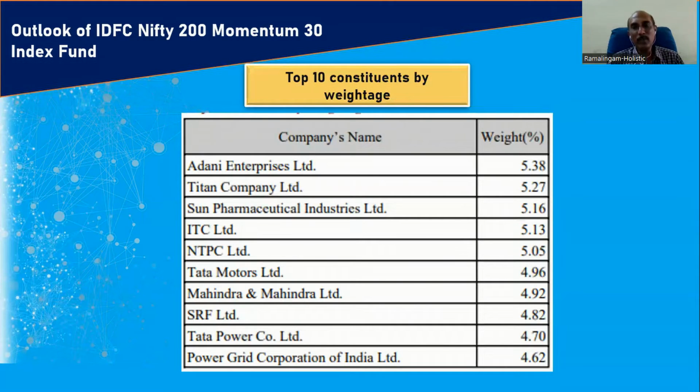So the weightage is only 5% for each of these stocks. So though there is a sectoral concentration, stock-wise there is no concentration. There is enough diversification. Sector-wise also they are diversified across multiple sectors, but they are concentrated in 4 sectors. But as far as the stocks are considered, they are well diversified actually.